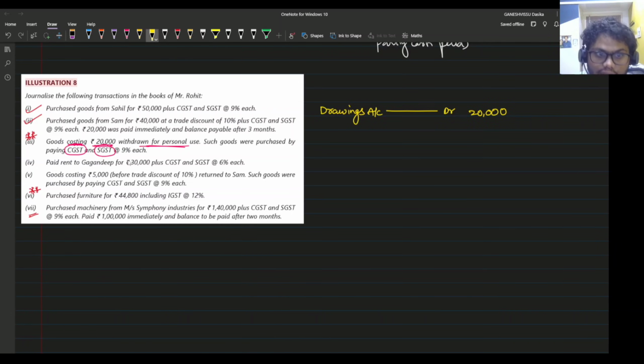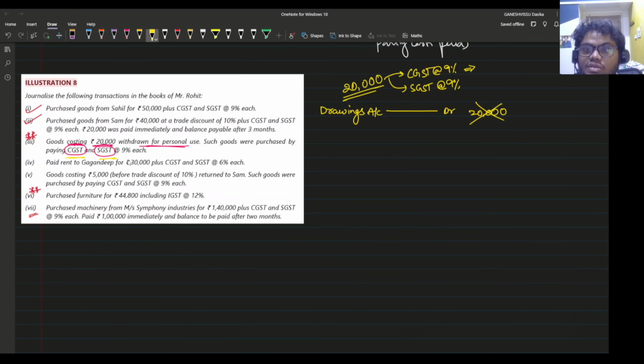But as he is also paying GST, this is not the correct amount. He might have taken 20,000 worth of goods, but on this 20,000 he is paying CGST as well as SGST at the rate of 9%, right? What would be 9% of 20,000?